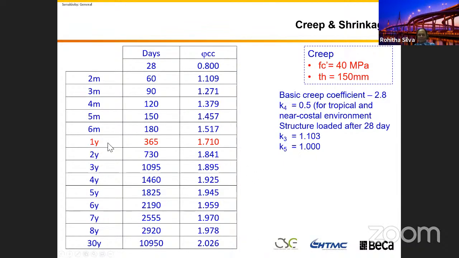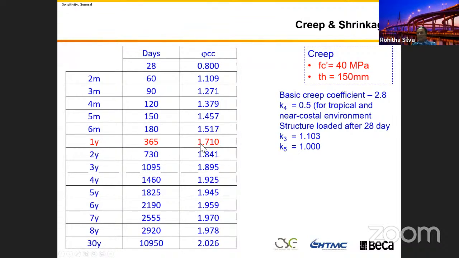You can see after 1 year, and in bridge construction, 1 year is not a big period of time. After 1 year you can see the creep in the structure. For example, after you construct your barriers, at least 4, 5, 6 months later, only then are you going to put asphalt and open the bridge for traffic.